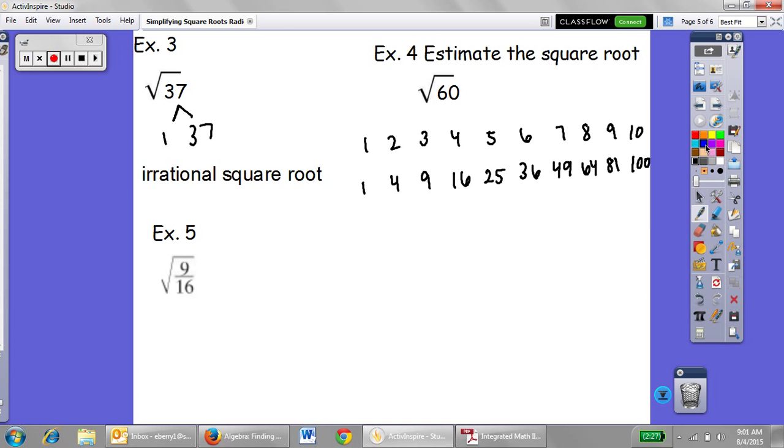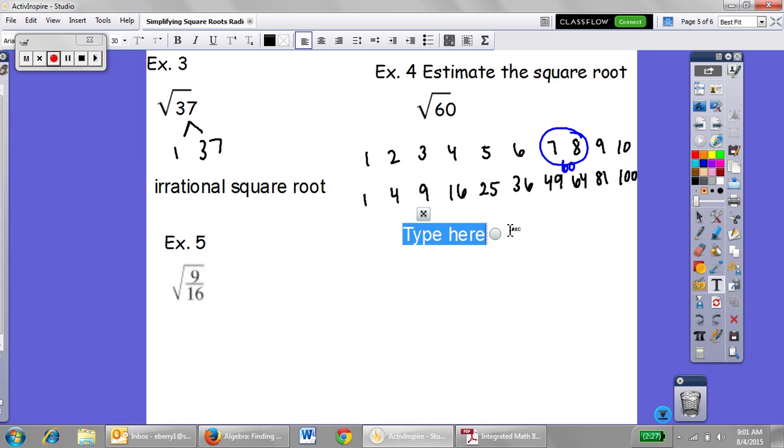So now I'm trying to see, where does 60 fall in here? It falls right in between 49 and 64. So to figure out the estimate, we can just say between 7 and 8. Because 7 squared is 49 and 8 squared is 64. So I'm just going to write here between 7 and 8 as our answer.